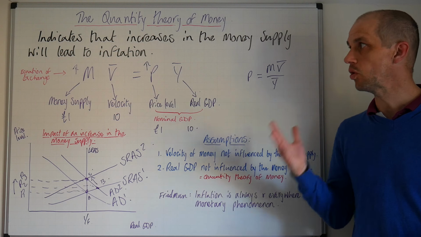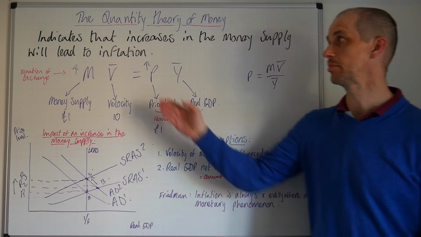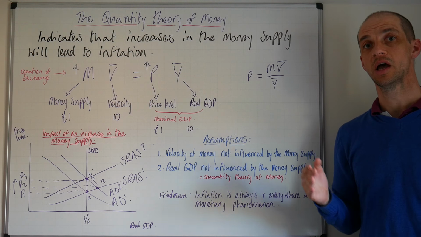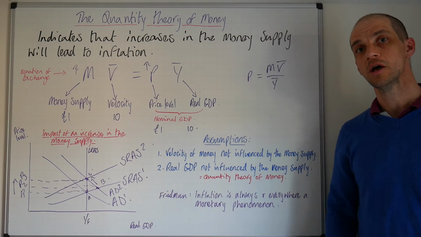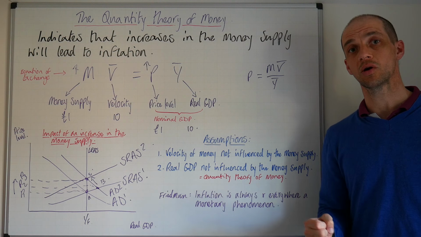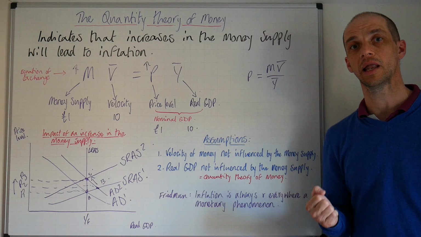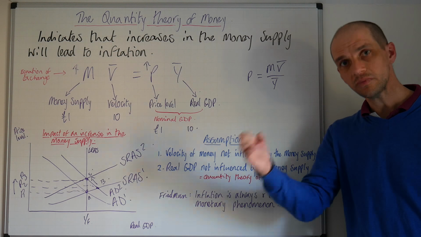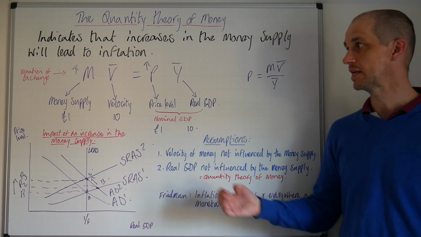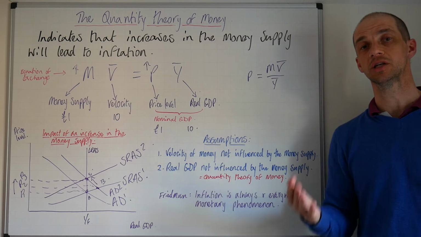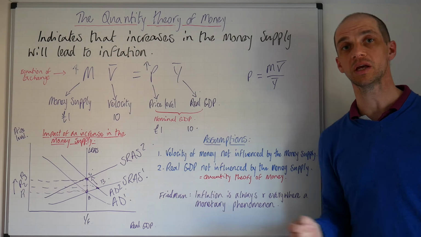Okay, so it's not always the case that an increase in the money supply will always increase the price level, but nevertheless it gives you an interesting argument when it comes to that velocity of circulation, how quickly money is circulating, and how damaging potentially quantitative easing could be on the price level.